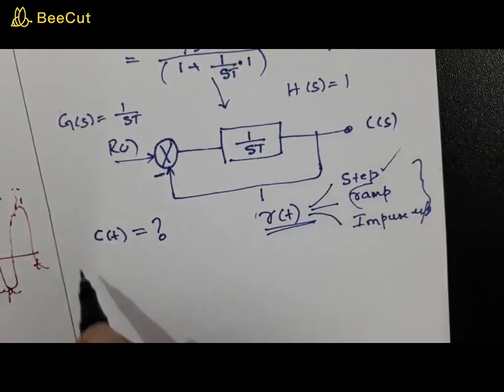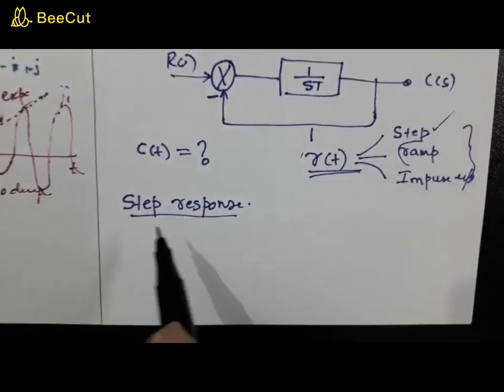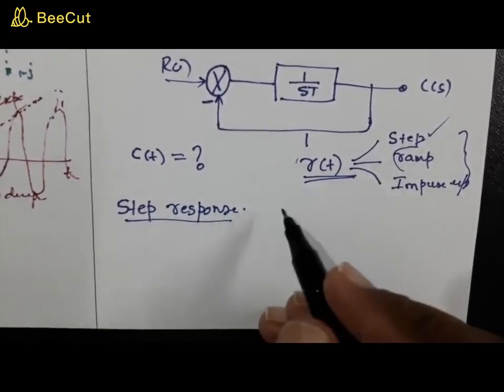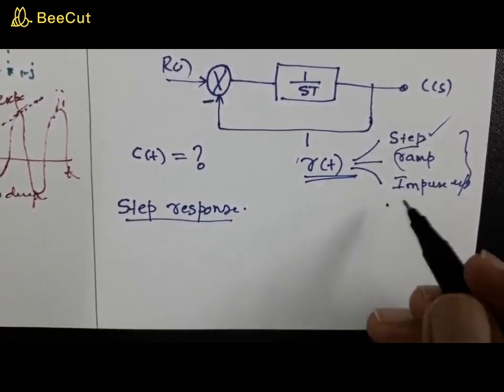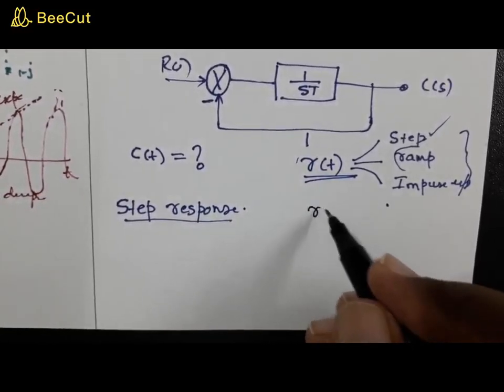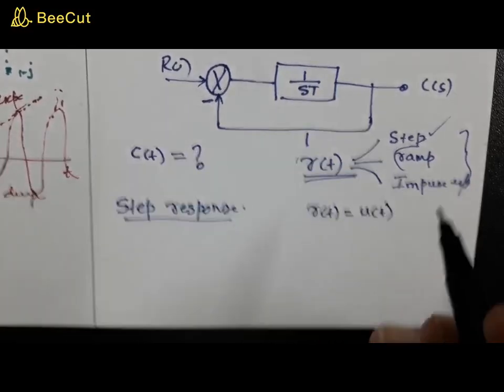Now to start with, let's find the step response. Okay, so the step response. What do you mean by step response? As I told you, in a time domain system, when you give your r(t) as the step input, you are considering that as a unit step.